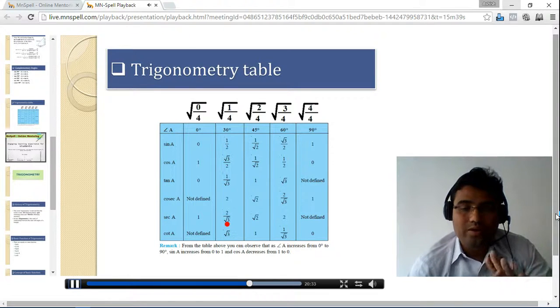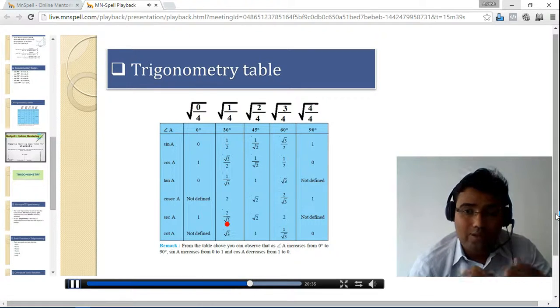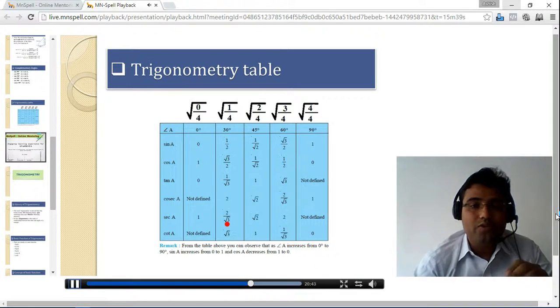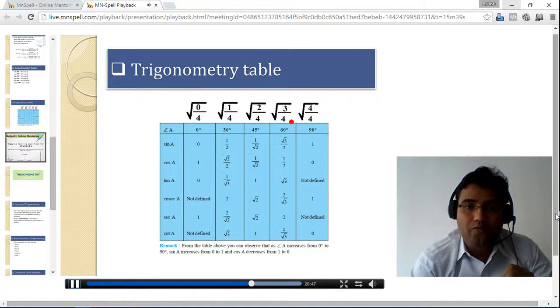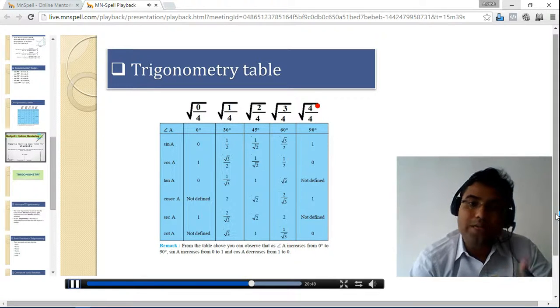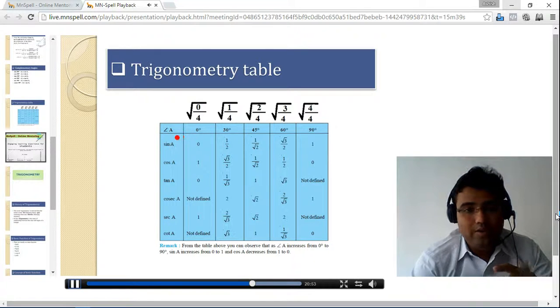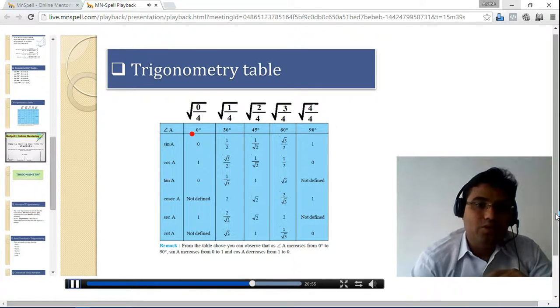So just look at the table. We don't need to mug up this table. With the use of this simple trick and complementary ratios, we can memorize the trigonometry table. First of all, take 0 upon 4, 1 upon 4, 2 upon 4, 3 upon 4 and 4 upon 4. Take the root of all of these, and first we look at the values for sine.